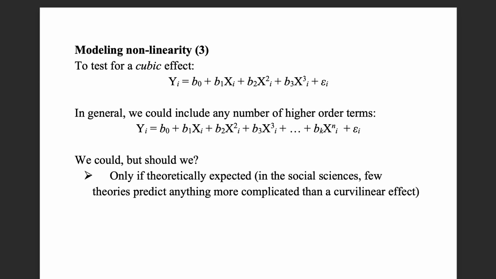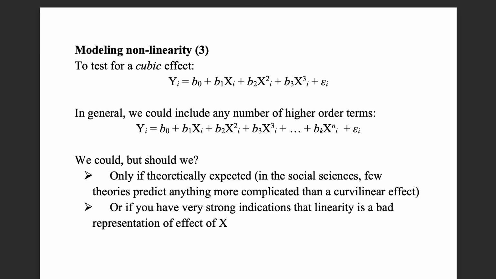So I would say if you want to use these polynomial terms, so modeling this nonlinearity, do that if you really have a strong theoretical expectation about this nonlinear effect existing according to the theory. So that's one situation where I would say, well, okay, if my theory really predicts a curvilinear effect, yes, of course, include x to the power of 2.